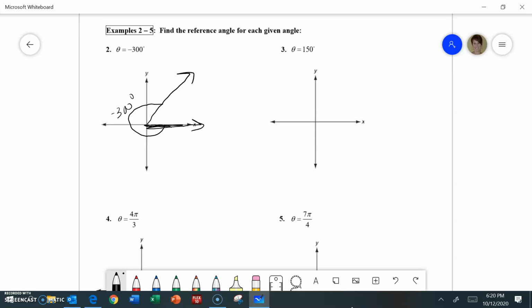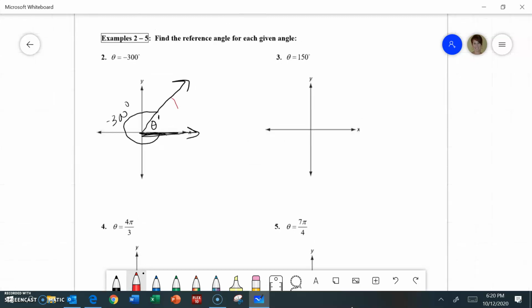Underneath here, between the x-axis and the terminal side, this is called your reference angle, theta prime. If you think about it, to finish off that circle would be 60. So this is your reference angle, and that would be 60 degrees. So if I write it up here officially, our reference angle is 60 degrees. Notice it's positive and it's between 0 and 90.